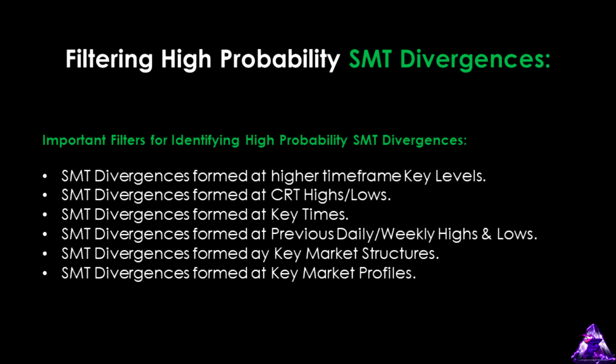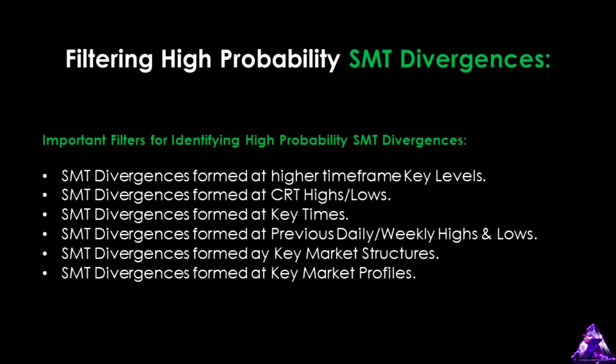The next important filter is SMTs formed at CRT highs and lows. CRTs are ranges, and the extremes of the CRT highs and lows are high probability areas for finding SMTs, essentially swing points with high probability. CRT highs and lows are key levels for SMTs to appear. This is a major factor that confirms a CRT and helps select a high probability CRT.